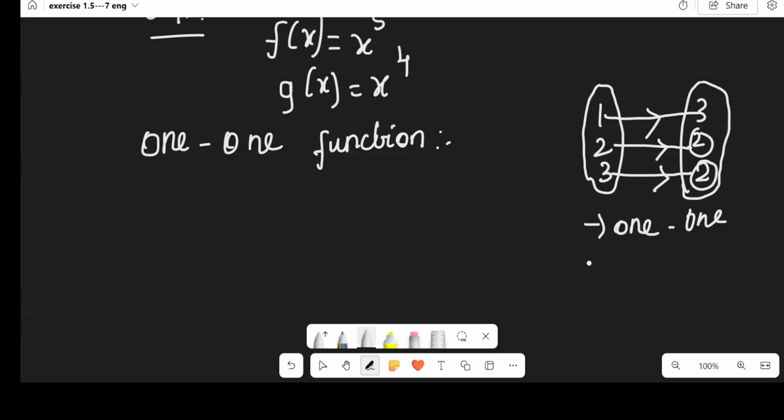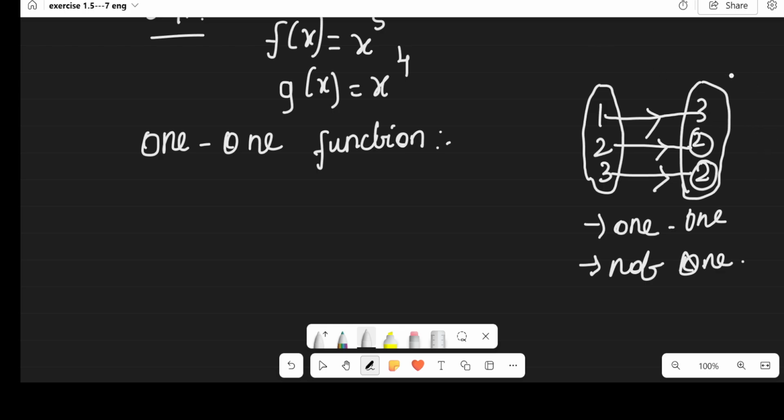So this is not a 1 to 1 function. This is all about one-to-one functions. Actually, each and every input should have a different output. That should be unique. We don't get a repeated output for different inputs. We should not get a repeated output.